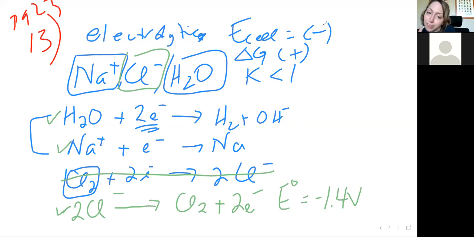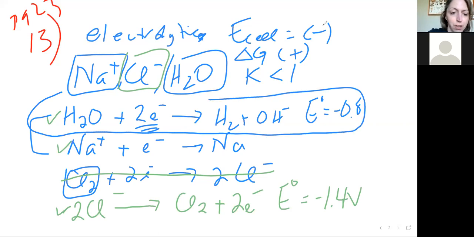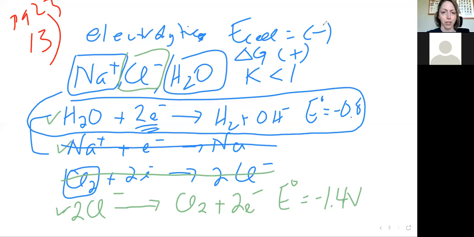You want to pick the least negative, most positive value. So I'm going to pick the -0.81. This is my more favorable reduction. This one is not going to happen. So I have my reduction, and for my oxidation, I really only had that one choice, and that was this one right here.